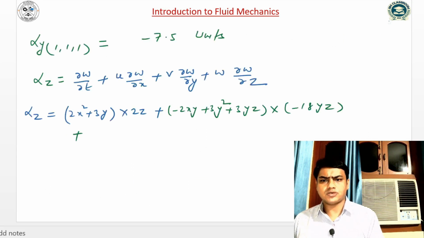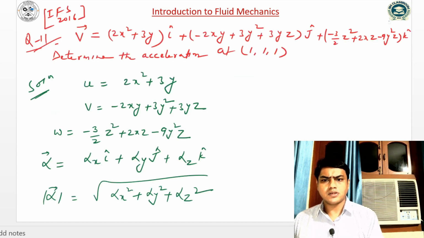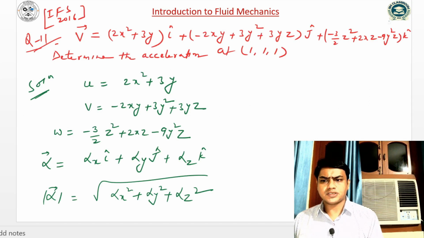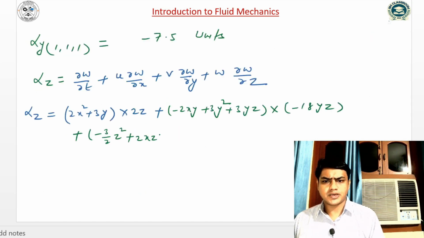What is w? w is minus 3 by 2 z square plus 2xz minus 9y square z, into del w by del z.